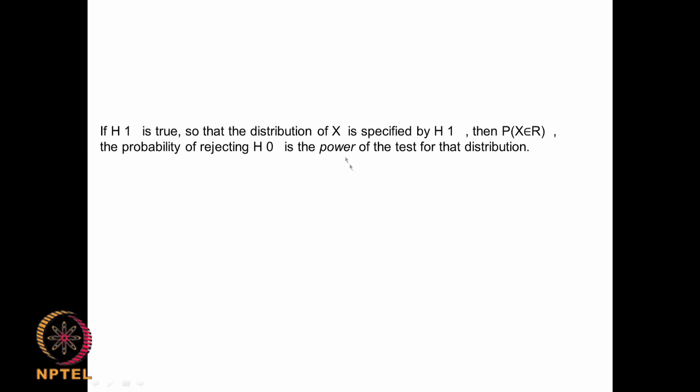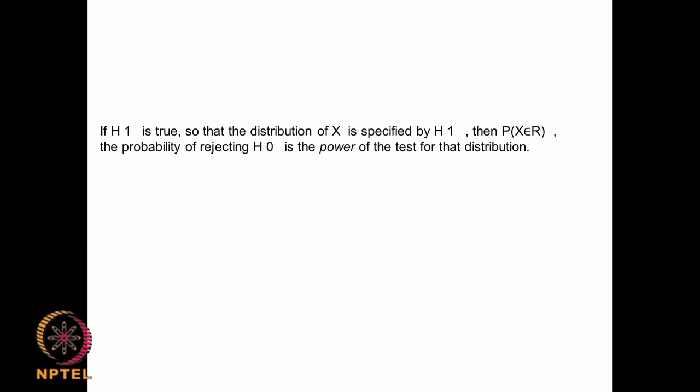So, there is something called the power of the test. If H1 is true, so that the distribution of X is specified by H1, then the probability of rejecting H naught is the power of the test for that distribution. Okay.